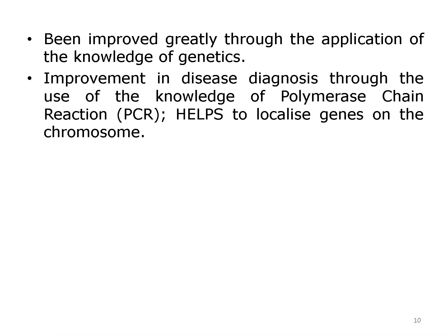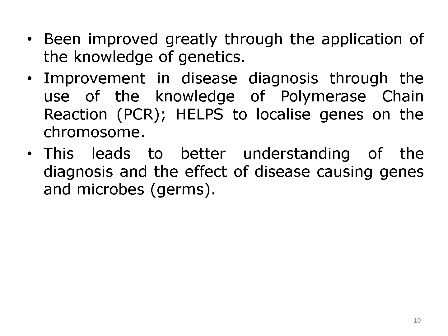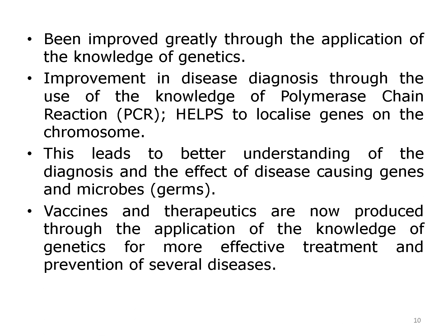There's improvement in disease diagnosis through the use of technologies such as PCR, which is the acronym for polymerase chain reaction. This has helped us to localize genes on the chromosome, and it has led to better understanding of diagnosis and the effect of disease-causing genes and also germs.